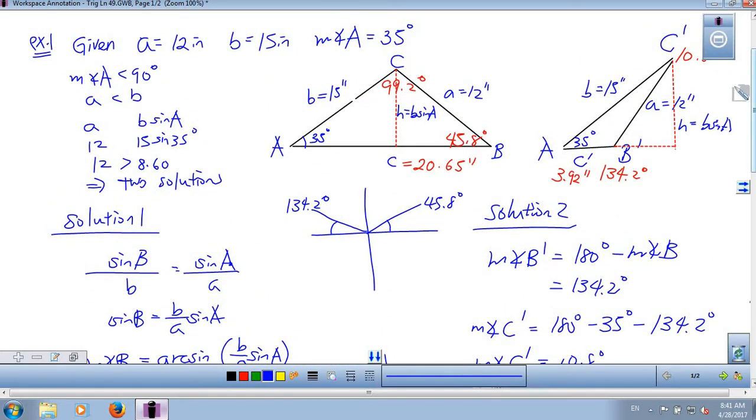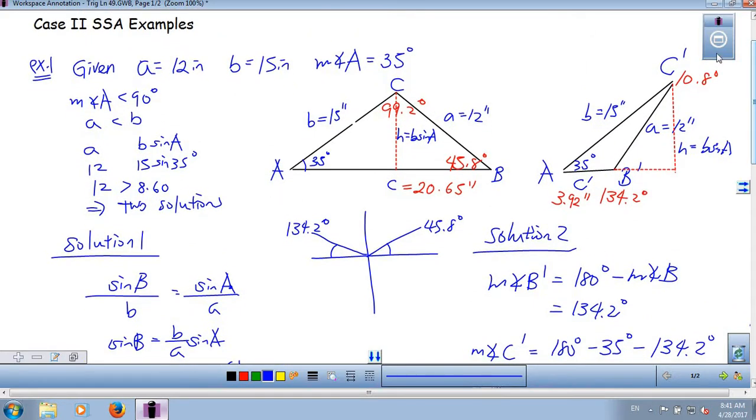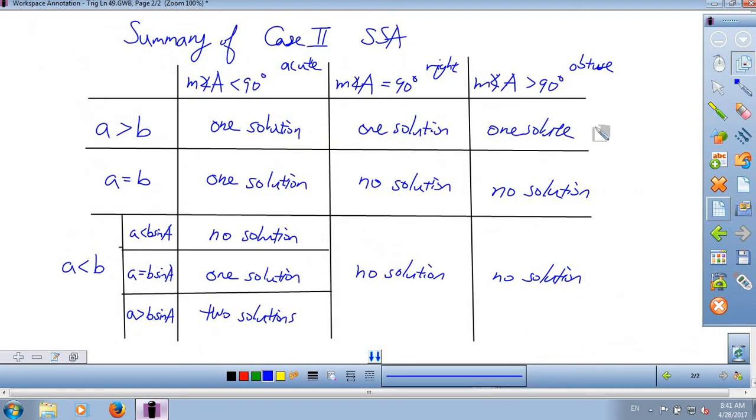You can go back to check this. This is probably the most complicated part of case 2. Anything else for case 2 is very simple, but again, the key is we want to use our case 2 table. I'm showing you here one more time, the case 2 table, and follow this table.